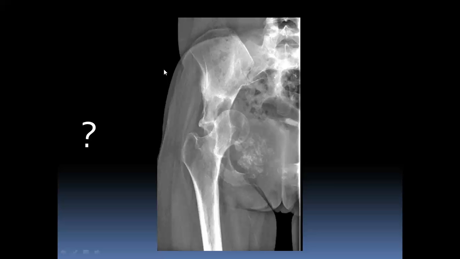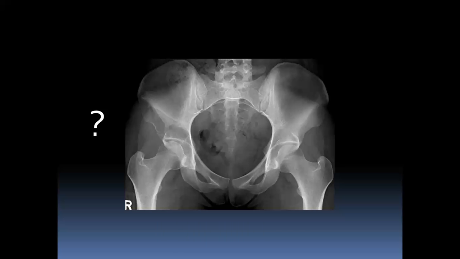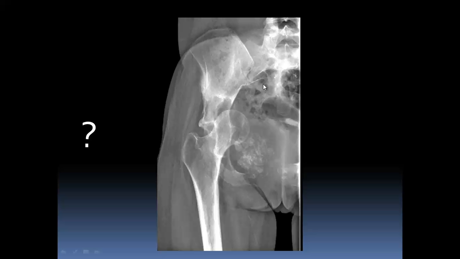What is this? Destructive process involving the right iliac bone and acetabulum with calcifications of the flaky type, ring type, linear curved type, mottling type. That means it's a chondrogenic tumor, and being involving soft tissue, it is malignant with central dislocation of the hip. This is chondrosarcoma.